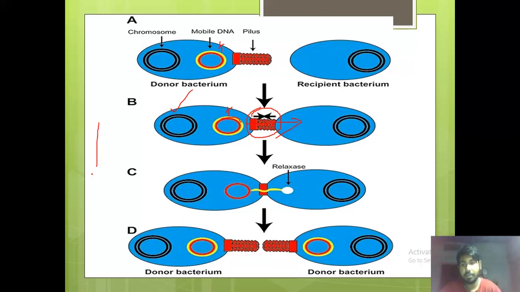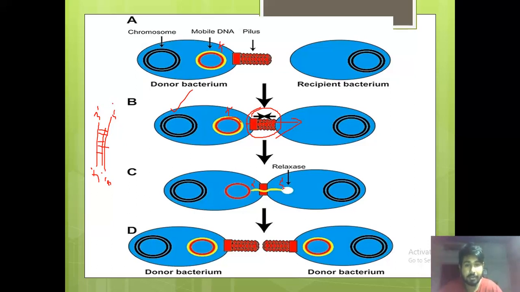Here we have two strands of DNA, 5' to 3' and 3' to 5'. When recombination occurs, these two strands, joined by hydrogen bonds, have these bonds broken and the two strands become free. The 5' to 3' strand moves to the recipient bacterium.